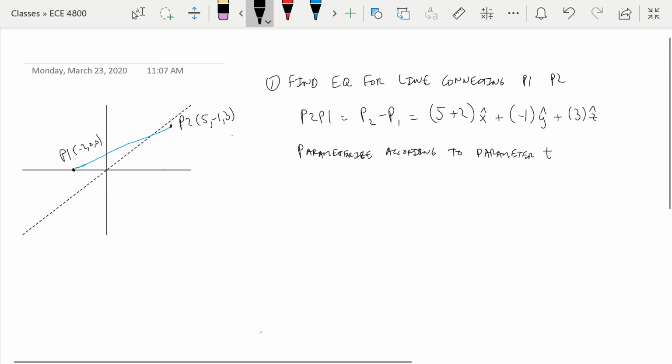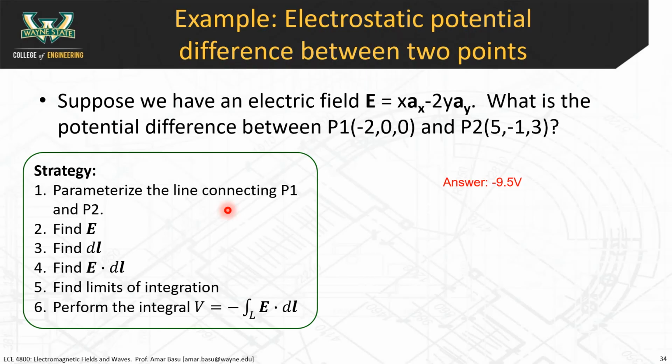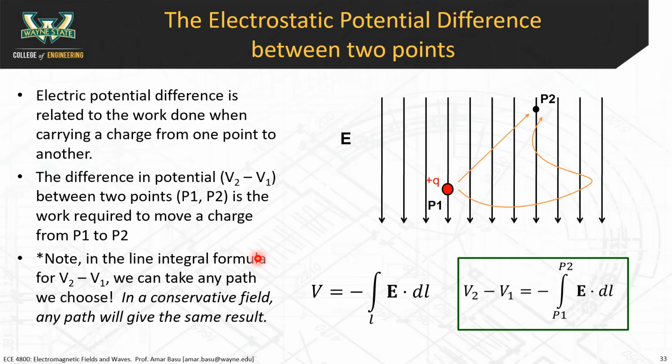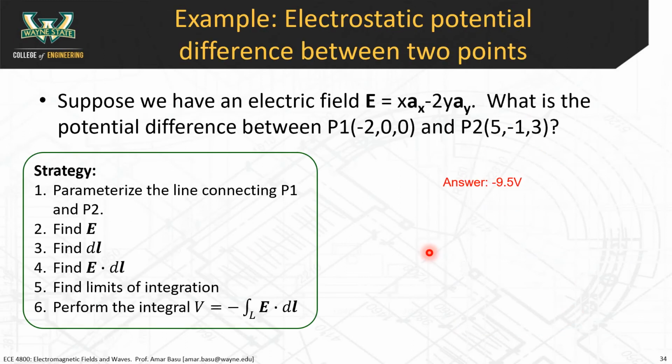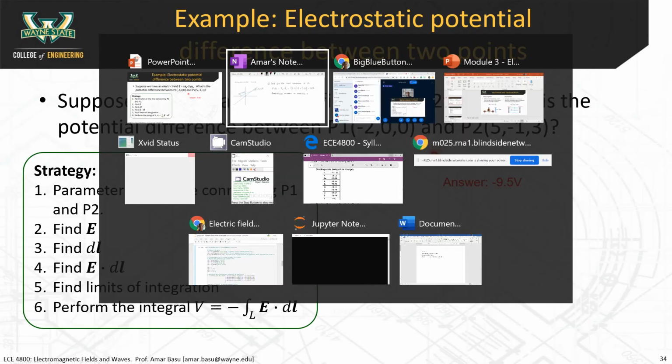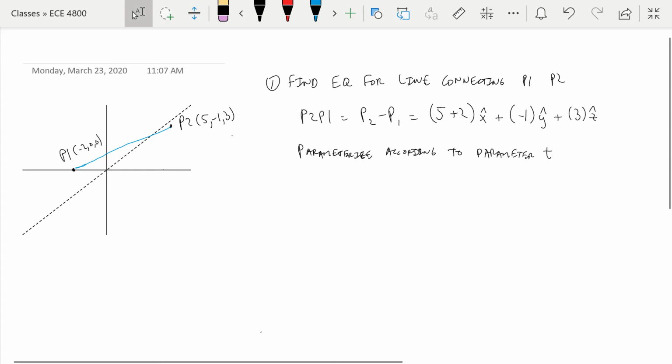The reason we're doing this is that a line integral is a single integral. Keep this in mind, this is really important. Whenever you have a single integral like this, dl, you only want to be integrating a single variable. So how do we define this line in 3-dimensional space in terms of just a single variable?